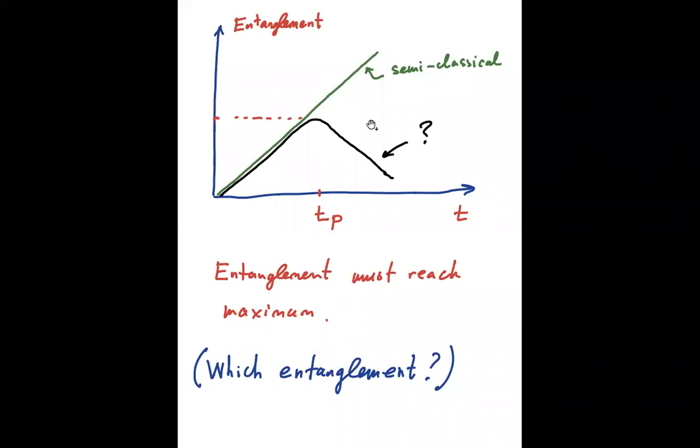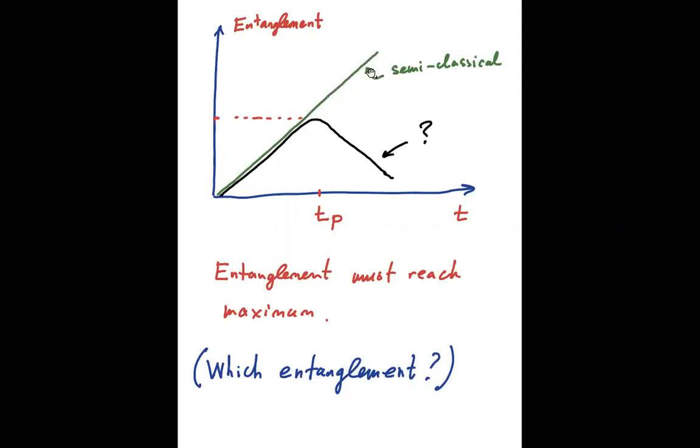And it looks like in semi-classical theory, the entanglement goes indefinitely. Now, by the way, this is not surprising because in semi-classical theory, the black hole mass is infinite, because you are in the limit in which you have rigid geometry. And so it's not surprising that the entanglement grows.